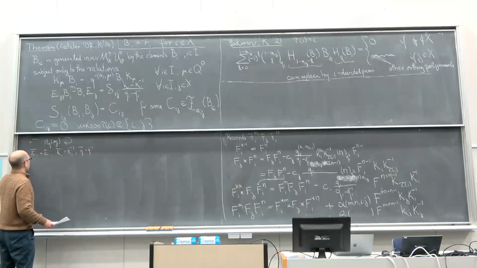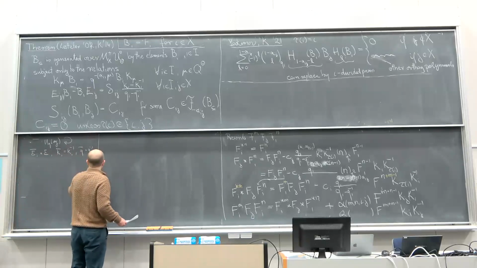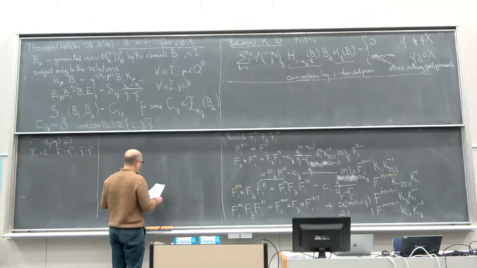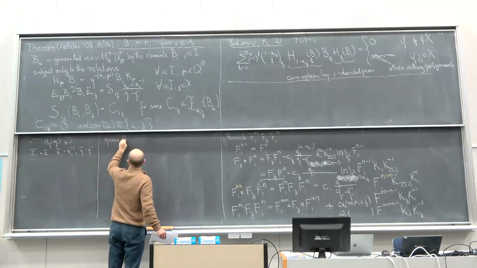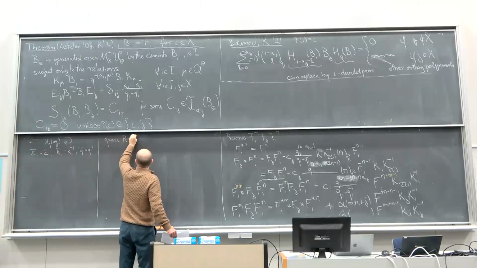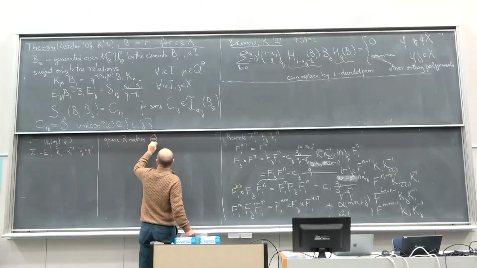So this can be used to describe the quasi-R matrix. So for U_q(g), we have the quasi-R matrix. This is capital Theta. We saw this already yesterday.